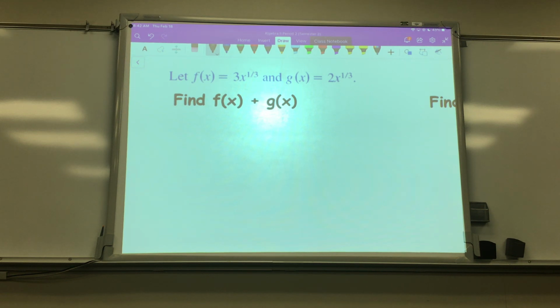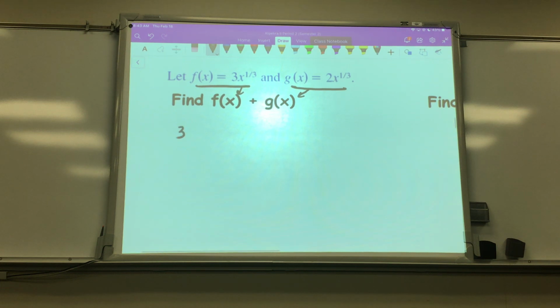Okay, so we've got f of x plus g of x. If f of x is 3x to the 1/3, and g of x is 2x to the 1/3, we're just replacing f of x with f of x, g of x with g of x. So that's saying 3x to the 1/3 plus 2x to the 1/3, and we did these already, right?